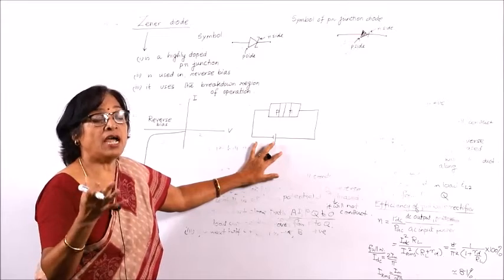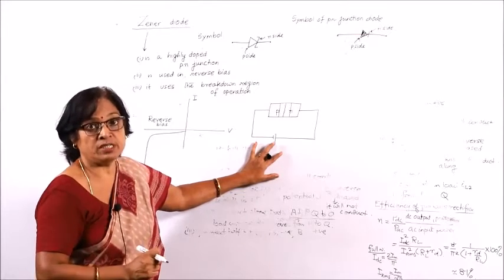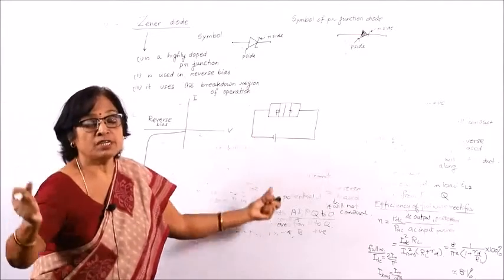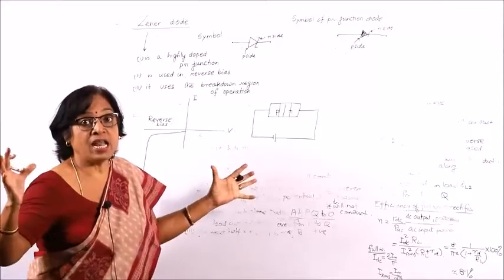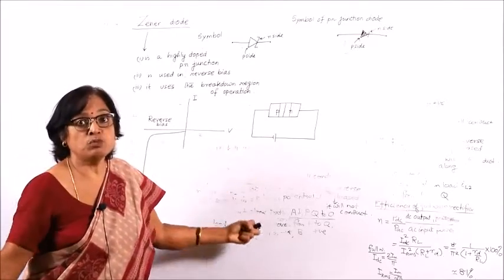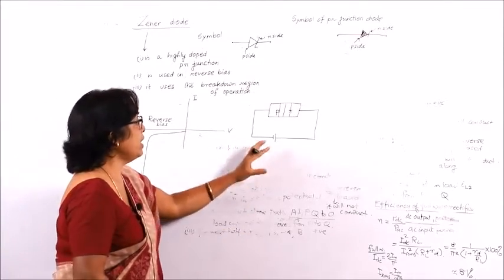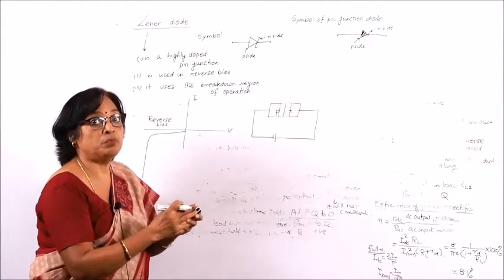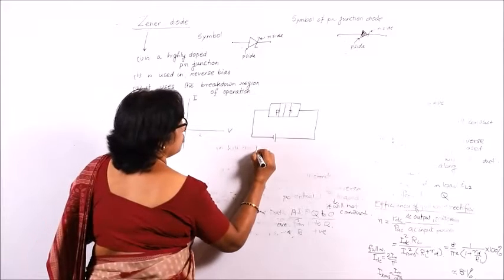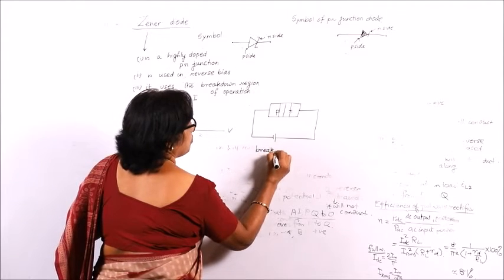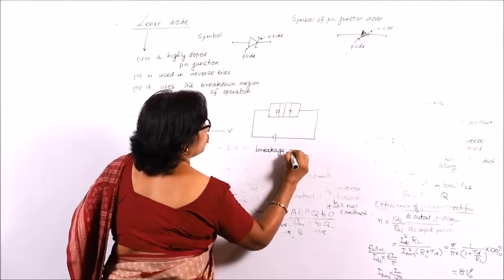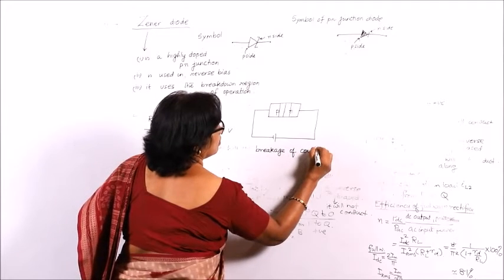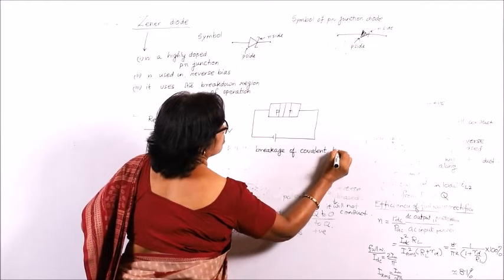For how long can the atoms keep the electrons to themselves? Naturally, the electrons will try to go away, because there is a large voltage and somebody else is trying to pull them apart. So, at a certain point, breakage of covalent bonds takes place.